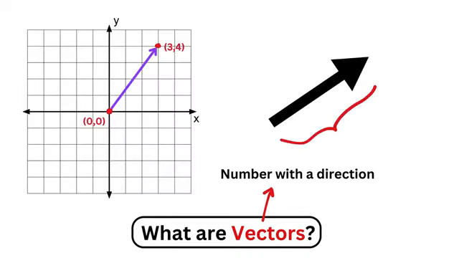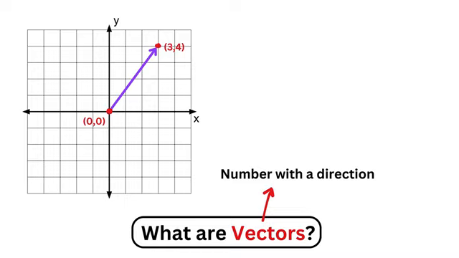Amazing! Now we have already seen how to represent a vector using an arrow with a head and a tail, but that's not all. Vectors can be represented in a number of ways. For example, consider the same example, where a person is walking 3 steps right and 4 steps up. One way to write this vector is (3, 4) inside the parentheses, where the first number tells movement right or left, and the second number tells movement up or down.